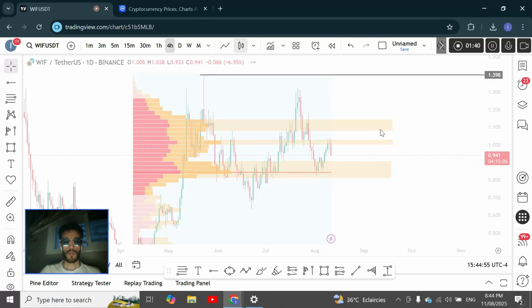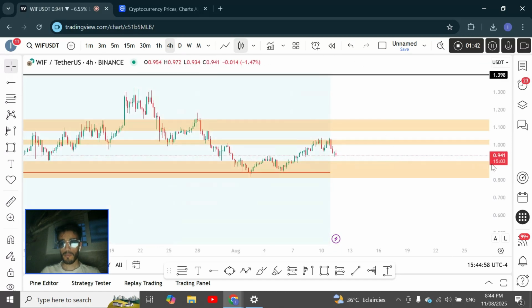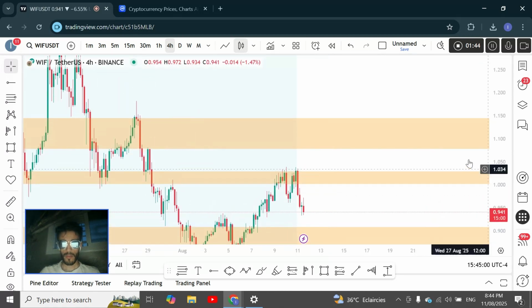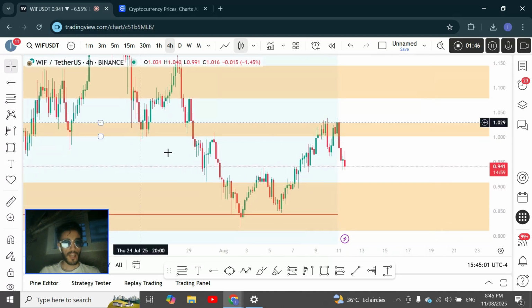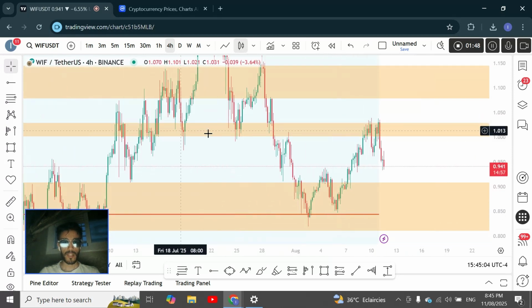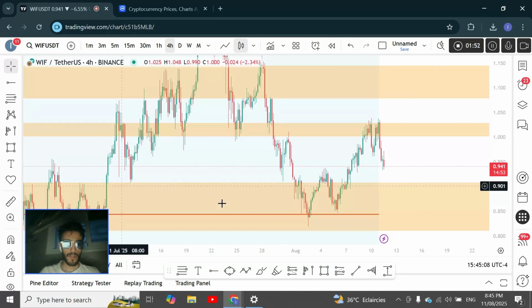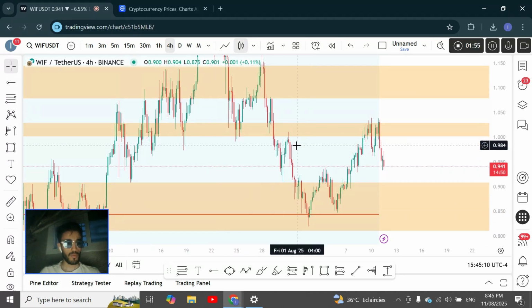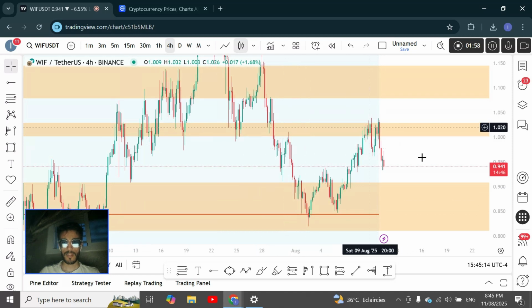So I'm going to the 4 hour to simplify the idea of what's going on right now. As you see here, this high volume node is acting like support and resistance. It's not ordinary support and resistance, because support and resistance is everywhere, but a high volume node is not everywhere. As you see here, it resists the price.